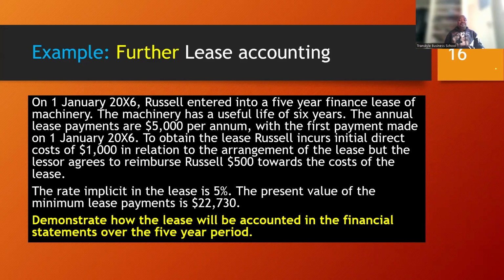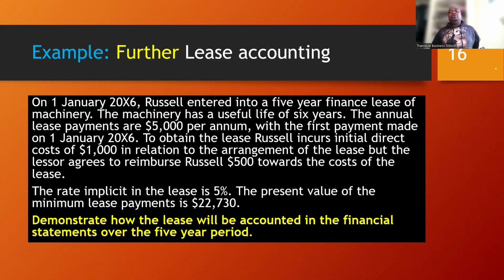Let's look at this other example to see if we can make some sense out of it. On 1 January 2026, Russell entered into a 5-year finance lease of a machinery.